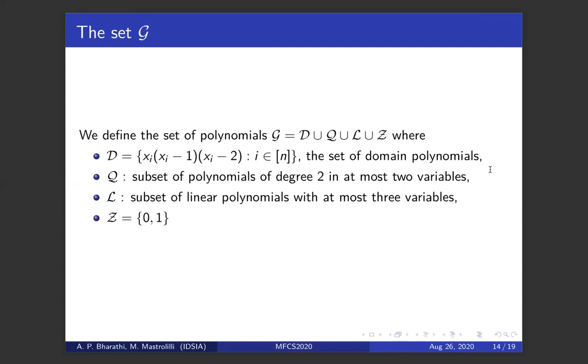Then we have some quadratic polynomials in at most 2 variables, all of which are in fact obtained from stage 1 as discussed previously. Then we have linear polynomials in at most 3 variables, most of which come from stage 1. Finally, we have the constants 0 and 1. 0 because all ideals contain 0, and 1 to indicate an empty solution set.